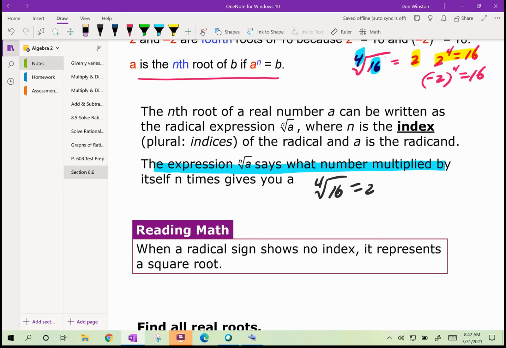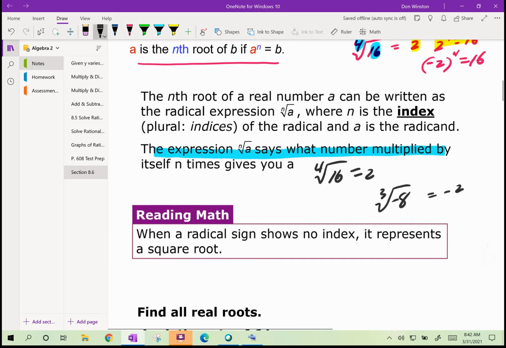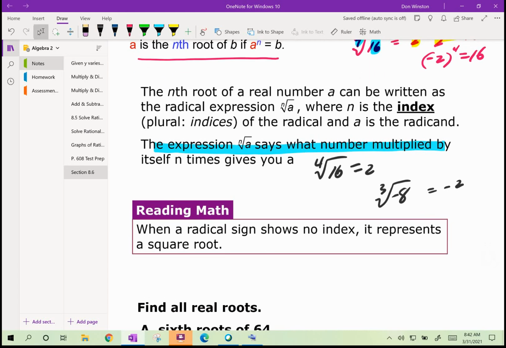Now, you can take the odd root of a negative number. So for example, if I said the cube root of negative 8, that would equal negative 2, because negative 2 multiplied by itself 3 times gives you negative 8. You can take the odd root of a negative number, but you can't take the even root of a negative number.